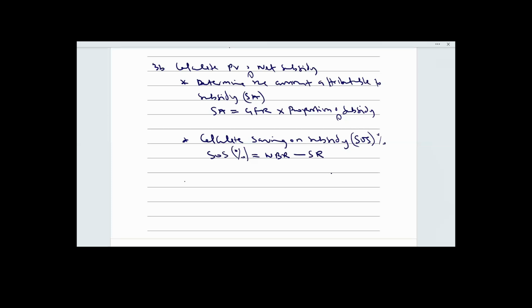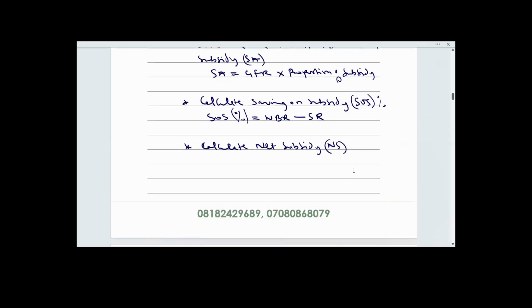Then step 3, you need to calculate net subsidy, NS. How do you calculate net subsidy?